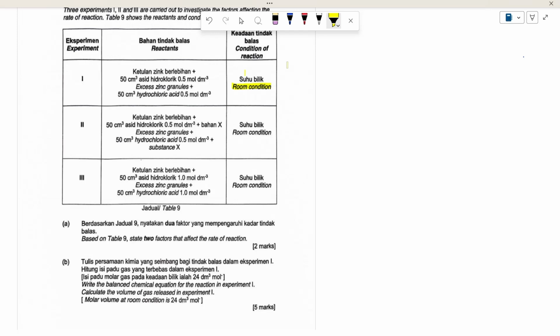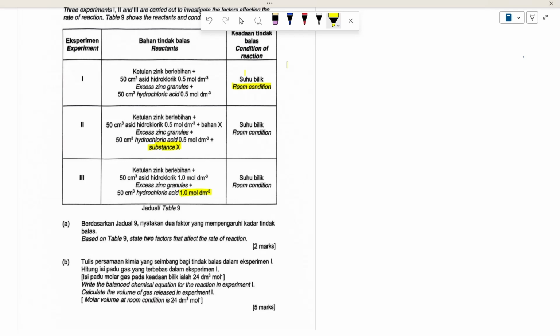Now experiment 2, excess zinc granules, with the addition of the substance X, also at room temperature, but here at set number 3, now the concentration of the acid is higher compared to set 1 and set 2.